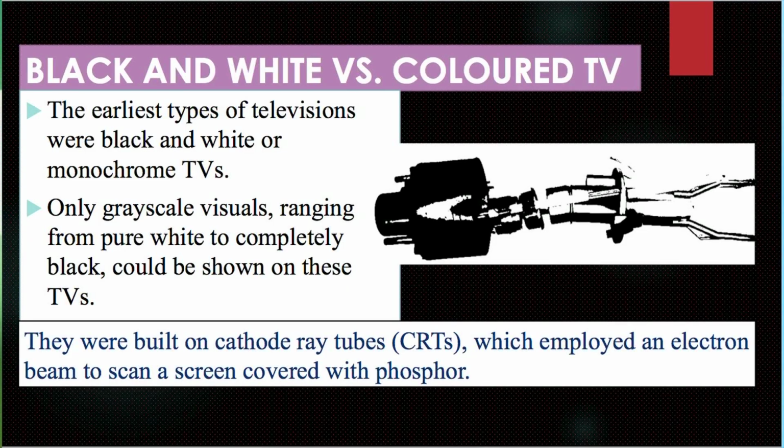of this CRT. The earliest type of television, as you know, were black and white or monochrome TVs. Only grayscale visuals ranging from pure white to completely black could be shown on these TVs. These were built on cathode ray tubes which employed an electron beam to scan a screen covered with phosphor.